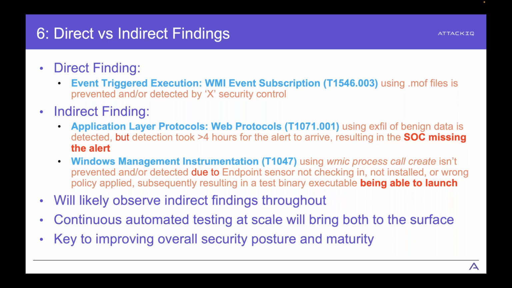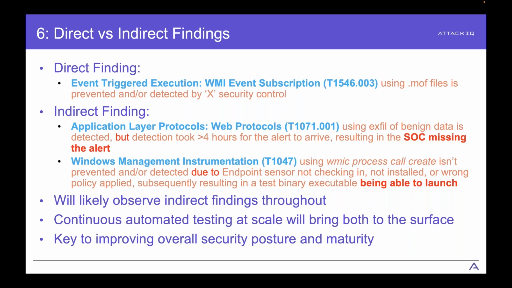In the next example, if we invoke a process using WMIC process call create, and let's say it wasn't prevented, but not because the tool didn't prevent it. Maybe it was not prevented because the sensor was not checking in. Maybe there'd been a failed upgrade on that sensor, or maybe there's no sensor installed at all.